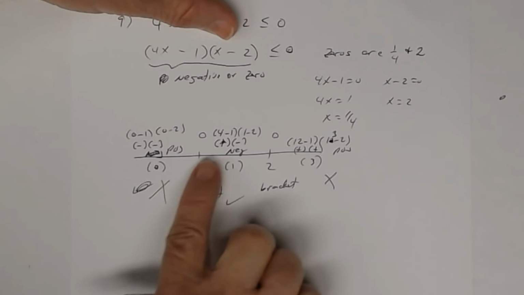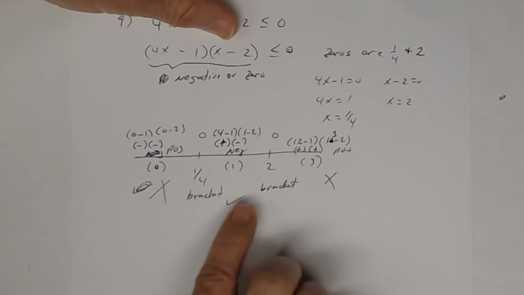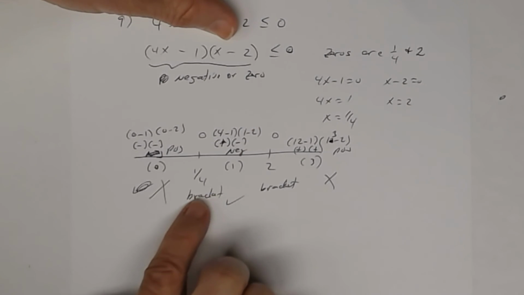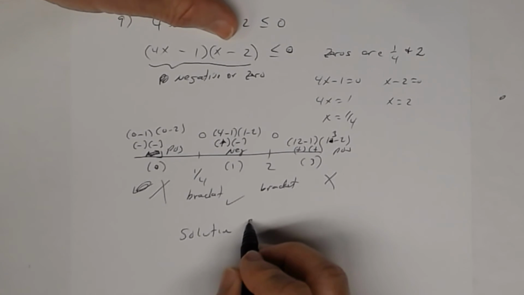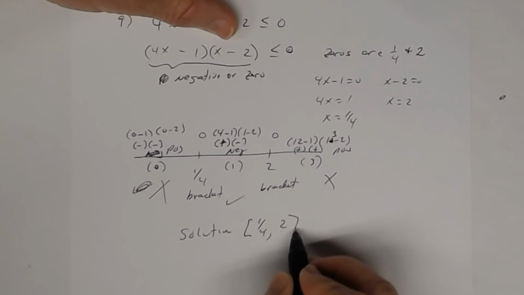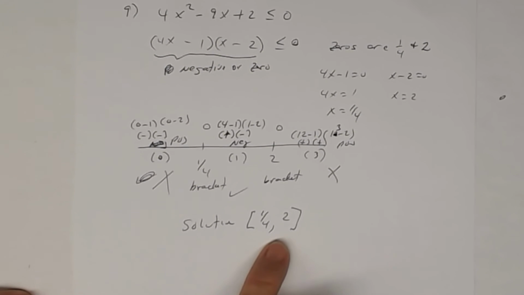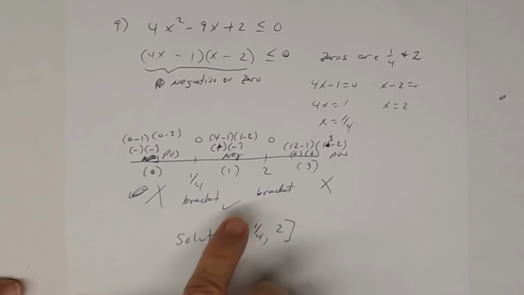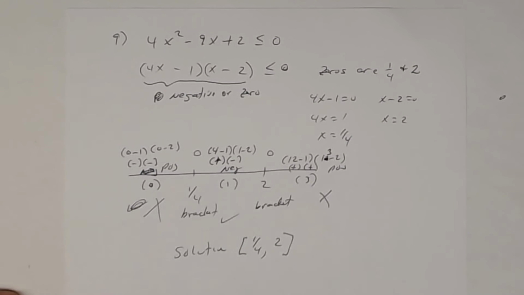So what I found is that the only interval that's a solution is this interval here. Also remember there's an equal sign, so I've got to use brackets. So my solution will be from bracket 1/4, comma, all the way to 2 with a bracket. And that is it. All right, so you found the solutions, you found all the real numbers that are solutions to this inequality.